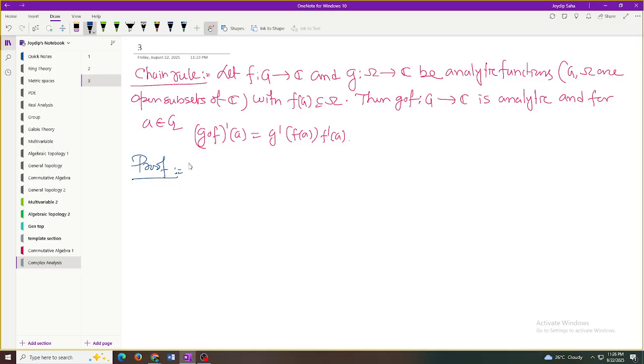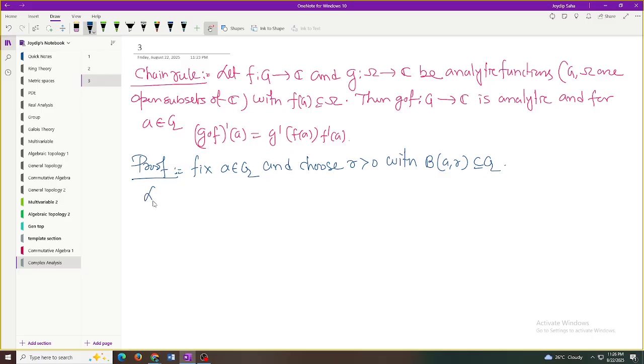Fix a belonging to G and choose r greater than 0 with the ball B(a, r) in G. We can find this r because G is open.